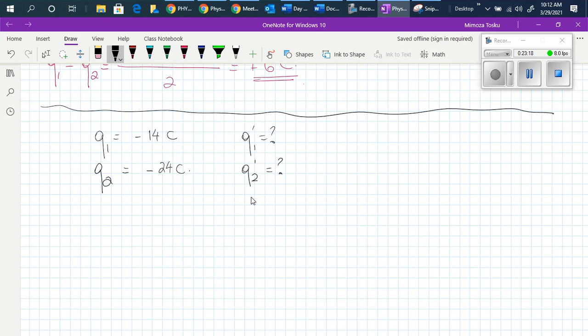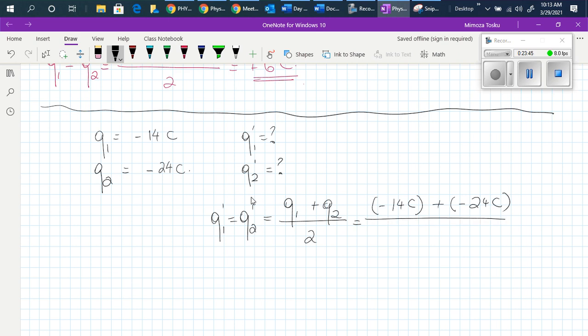What we are dealing with here is charging by conduction, and the two charges after the contact will have the same charge, which is Q1 plus Q2 over 2. So it will be negative 14 coulombs plus negative 24 coulombs divided by 2.